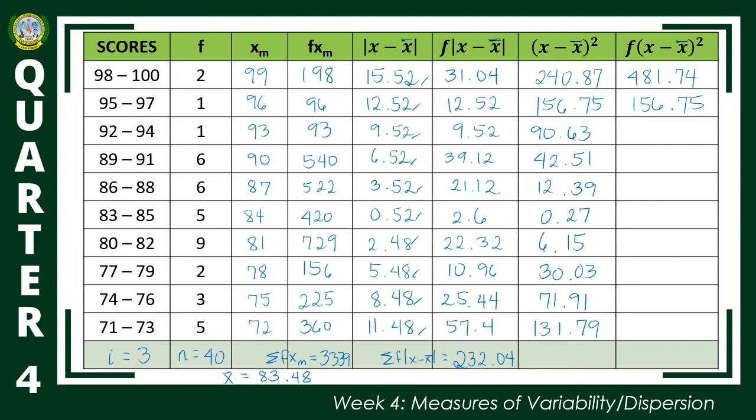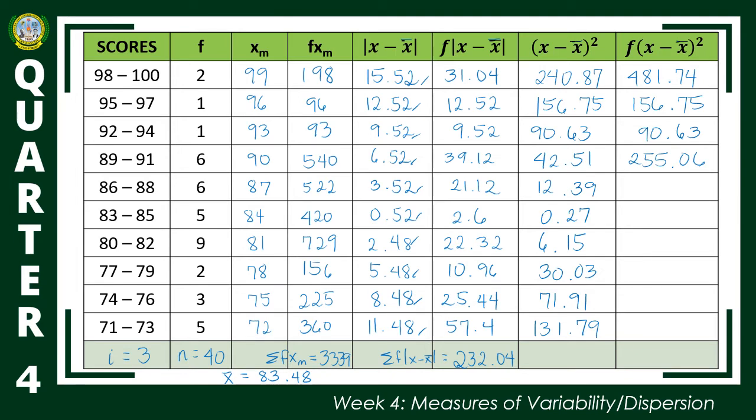Next is 1 times 90.63, ganun pa rin siya kasi times 1. So, 90.63. Next is 6 times 42.51. 6 times 42.51 is equal to 255.06.